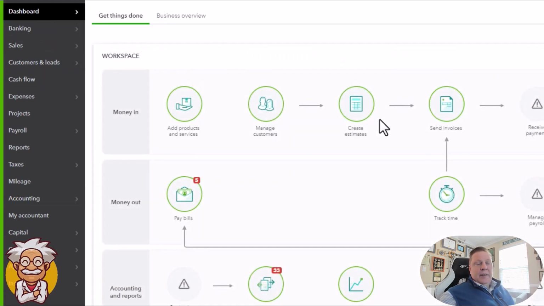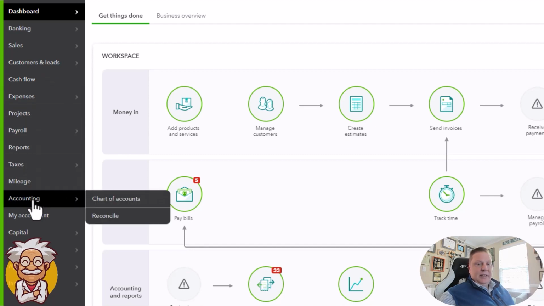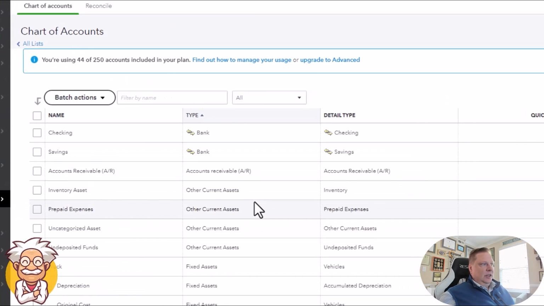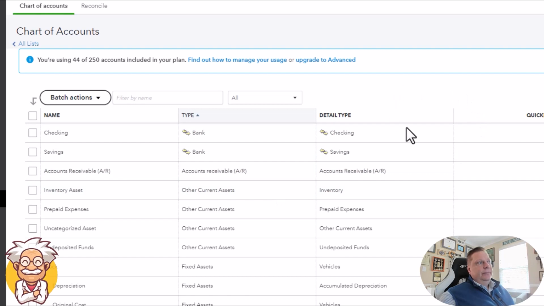So if we're on the dashboard, as you come in, down on the bottom here, it's accounting, and you can either do chart of accounts or reconcile. So we would just click on chart of accounts and it brings it up here. Notice QuickBooks does give you the amount of chart of accounts that you are utilizing at the moment.